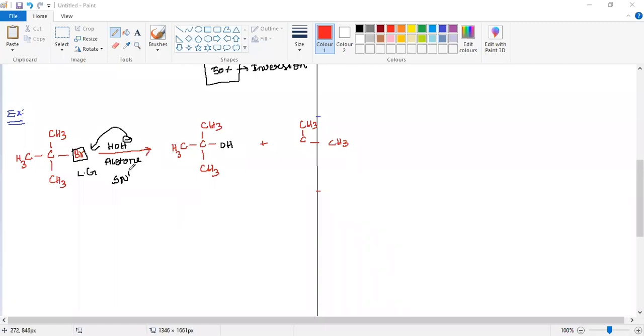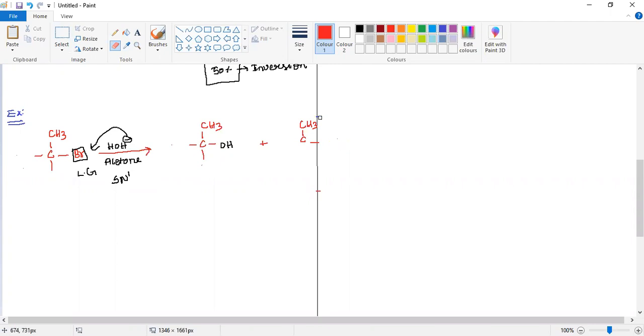So if it follows this, there should be a chiral carbon. What should I write? For a chiral carbon the groups should be different.